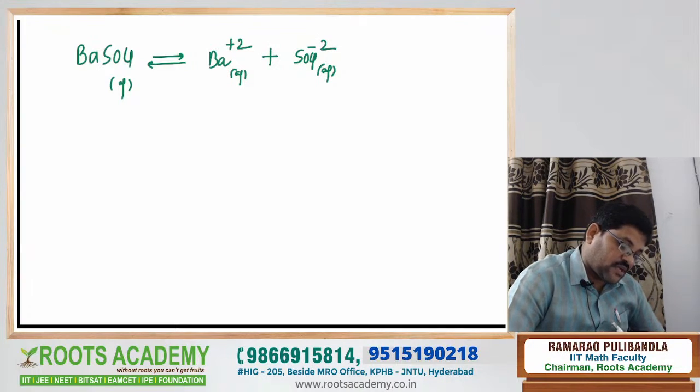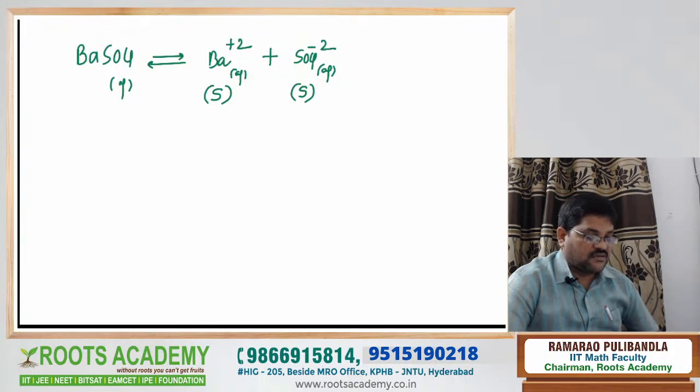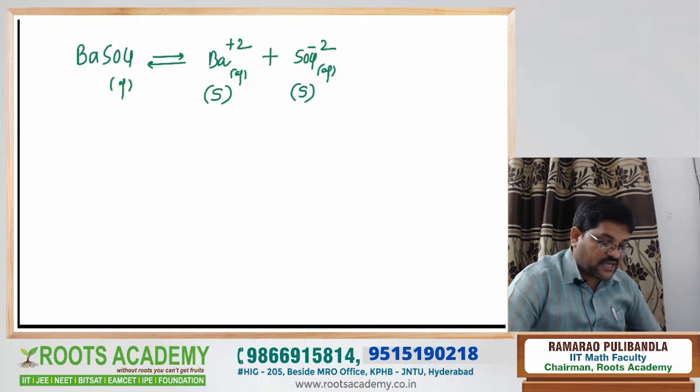The solubility of Ba2+ is S and the solubility of SO4 2- is S. That means S moles of Ba2+ and S moles of SO4 2-.